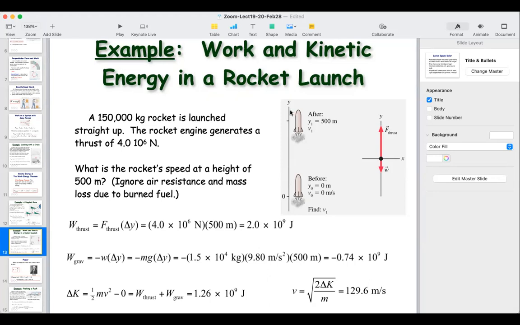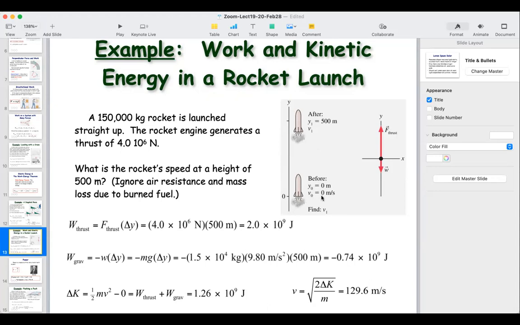And I suggest, when the problem does not provide a drawing with this information, you just do it. Do a simple thing. You just make this as a box or as a point, whatever you prefer, but make the initial situation and final situation. In the initial situation we are at 0.